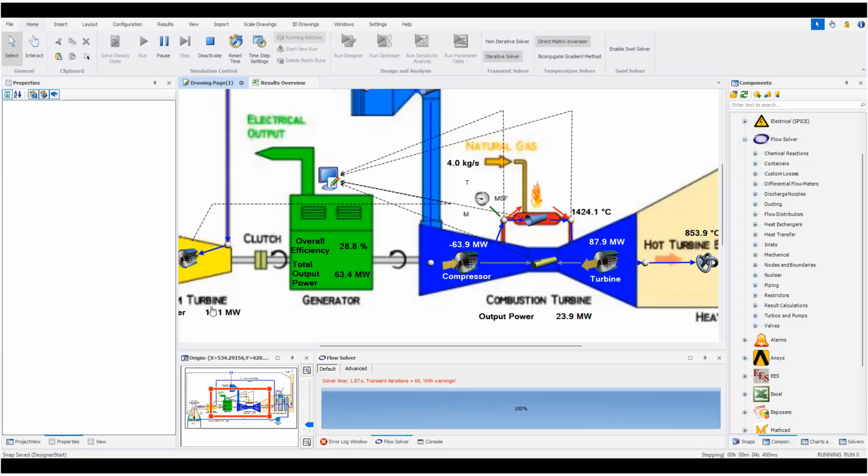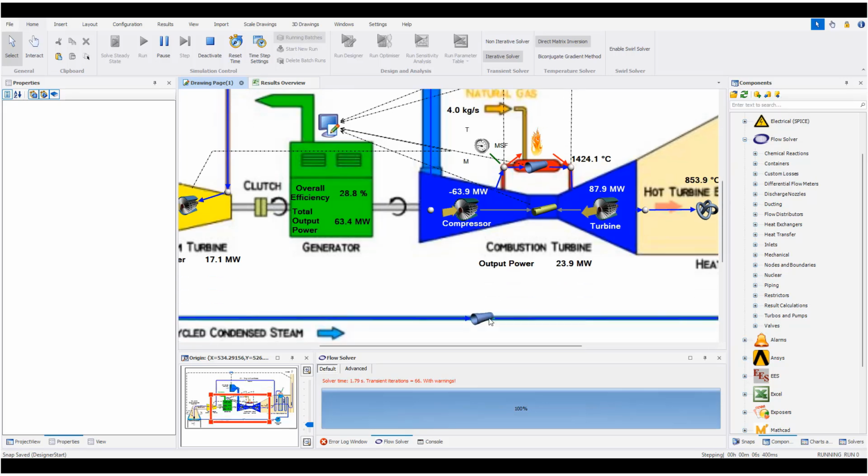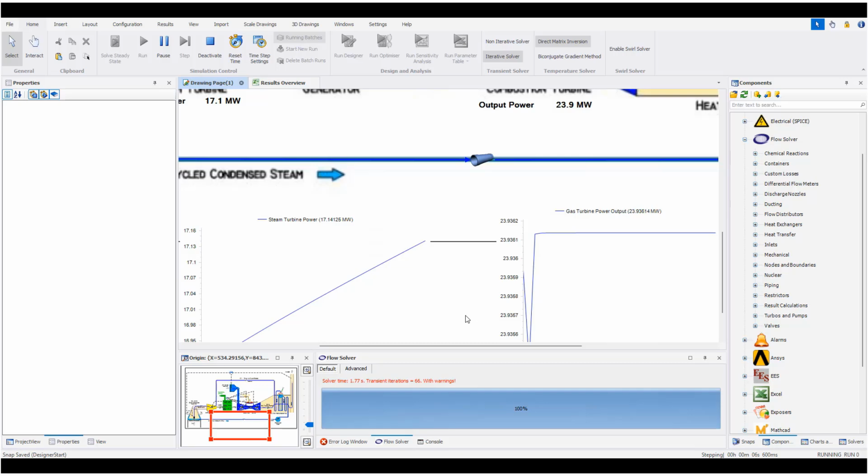You can see that it is changing, and the total output power, so 17.1. Okay, and let's see the graphs.